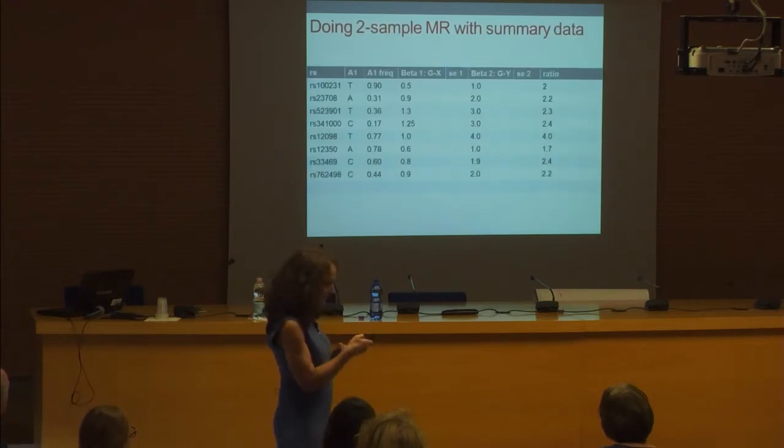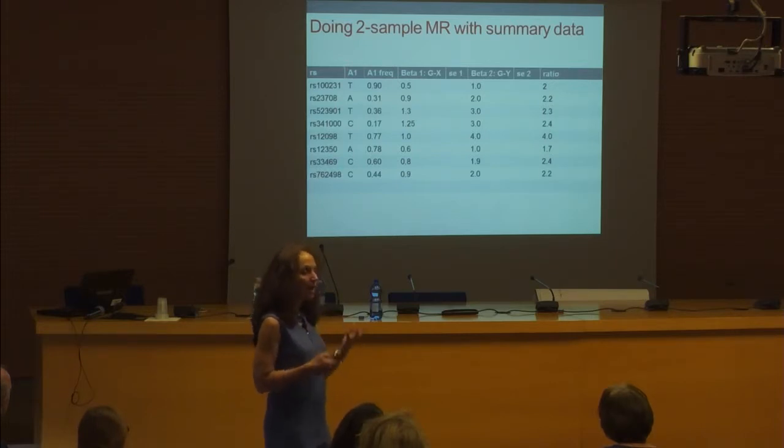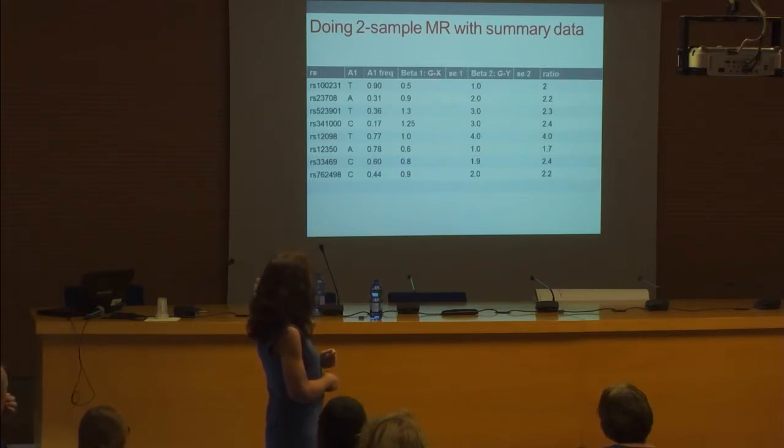So if this is what our data look like, and these are made up data, if this is the exposure allele and allele frequency, I'm assuming that we've harmonized it with the outcome data. So you have one regression coefficient for each of these genetic variants.